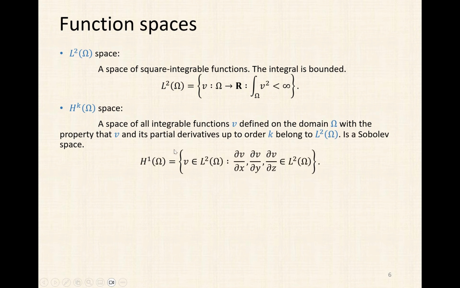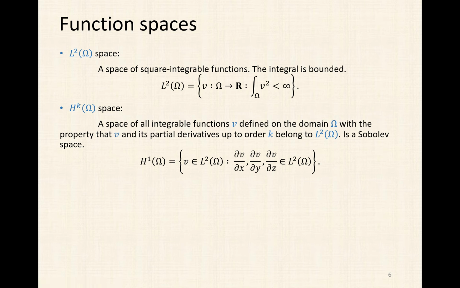For example, the H1 space. In the H1 space, the function v belongs in the L2 space. Also, its first derivatives, if you look at 3D, dou v by dou x, dou v by dou y, dou v by dou z, all the first derivatives also belong in the L2 space. This is the H1 space. If you have the H2 space, then the second derivatives should also be in the L2 space.